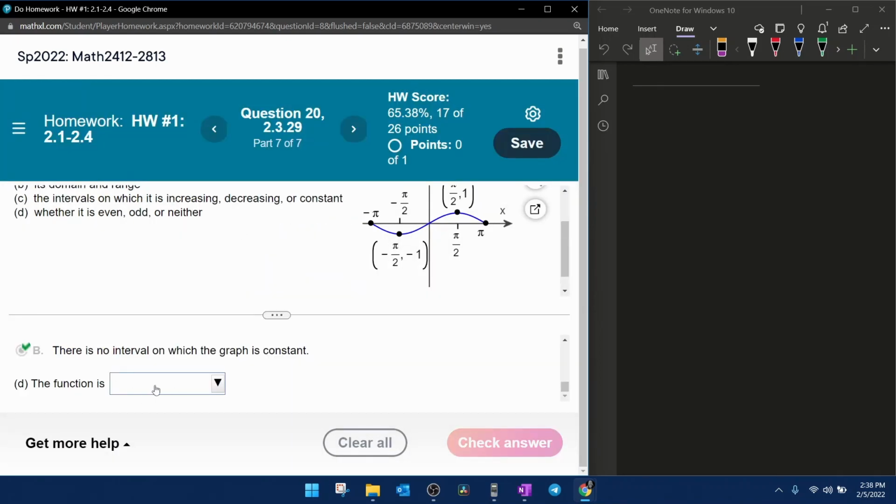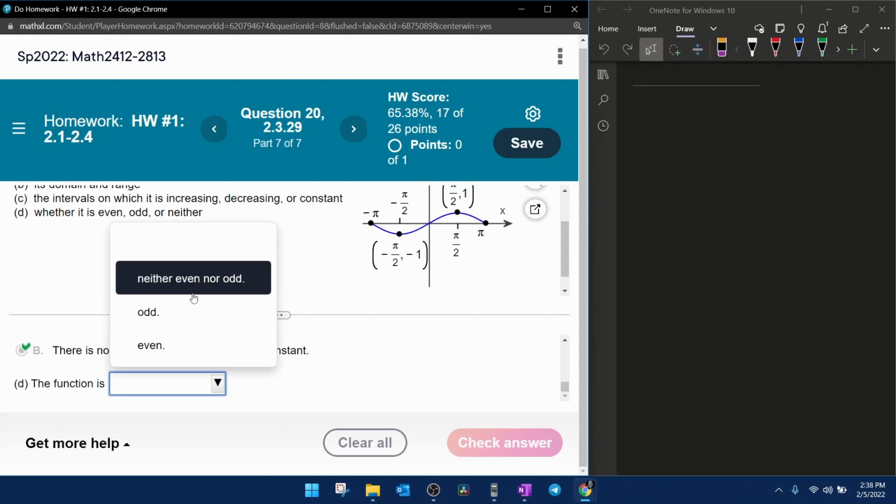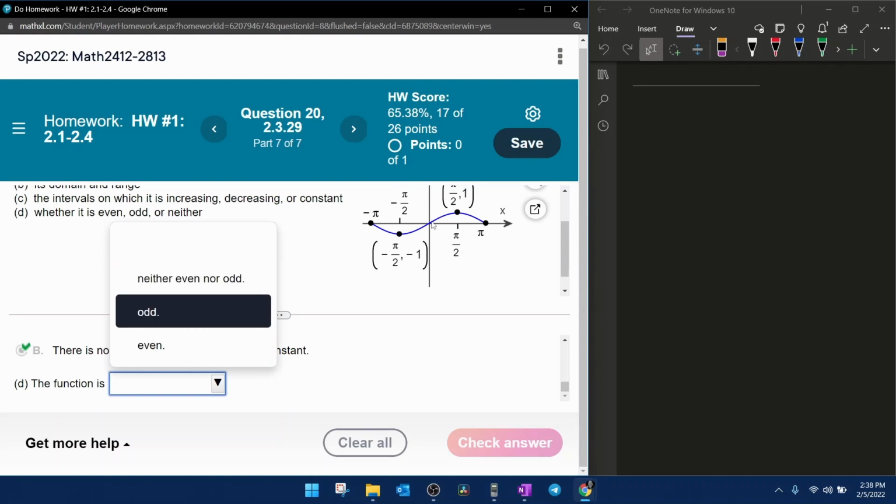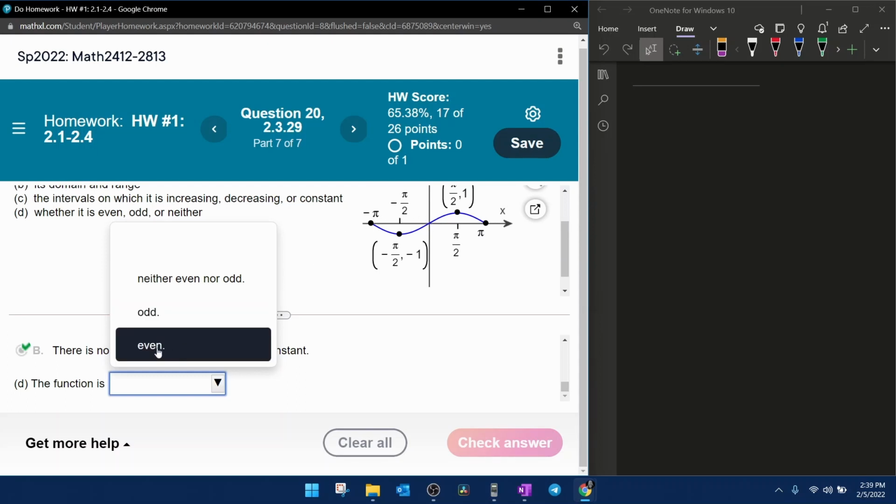And then it says, is the function even, odd, or neither? Well, that has to do with the symmetry. If the function was even, it would have y-axis symmetry, which means that this hump would have to fold over and be represented over here, which it's not. So this cannot be even.